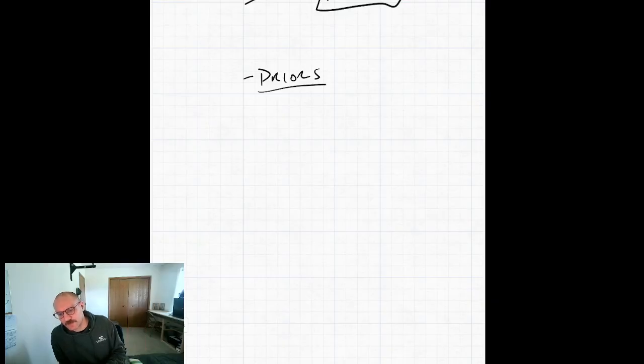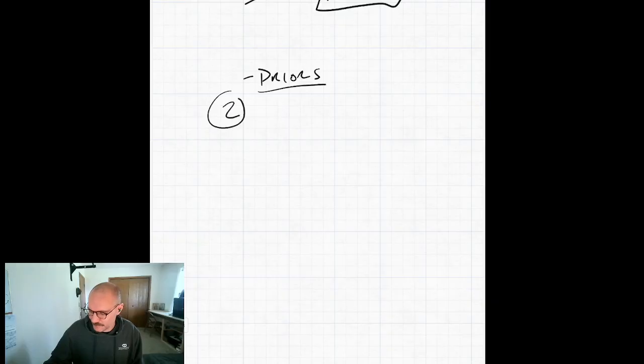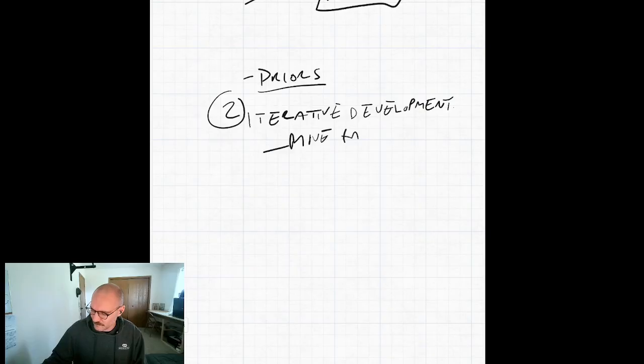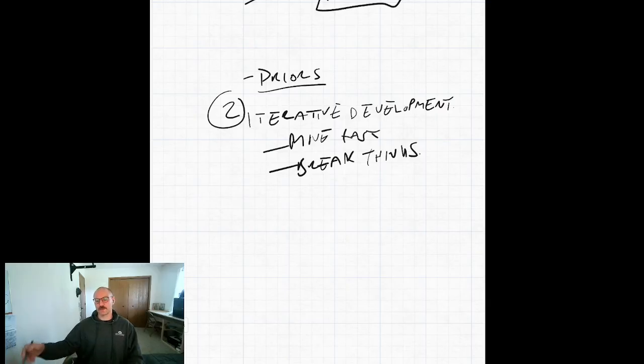And this goes back to a good lesson, which I would call iterative development. It means to move fast and break things. If you get to a point in your project where you don't know what the hell you've created, you have no idea what it does, I think they call it black code or dark code or something like that.